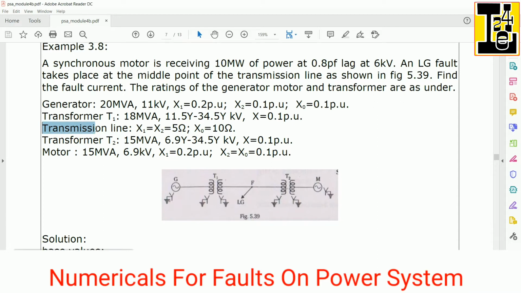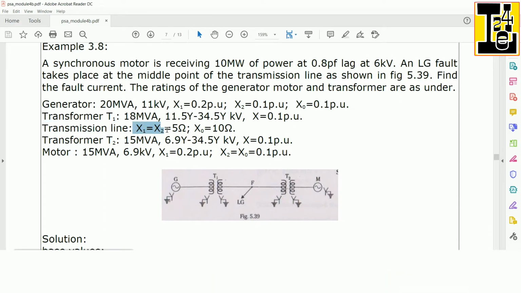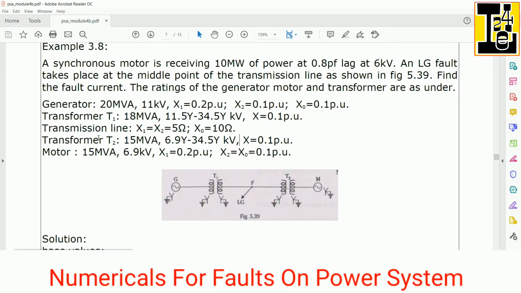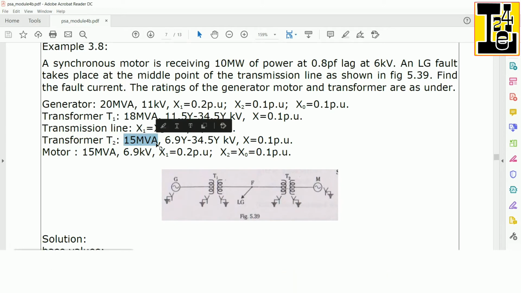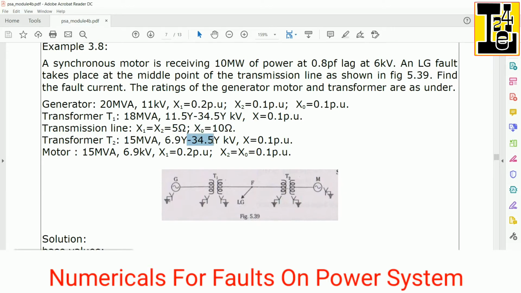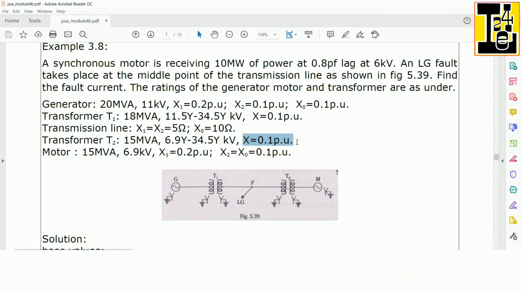The transmission line has positive sequence and negative sequence reactance of 5 ohm and zero sequence reactance of 10 ohm. The transformer T2 is 15 MVA, 6.9 kilovolt star, hyphen 34.5 kilovolt star connection. The reactance X is equal to 0.1 per unit.